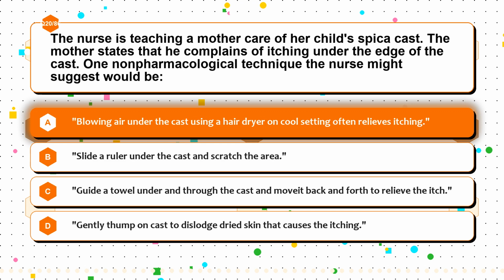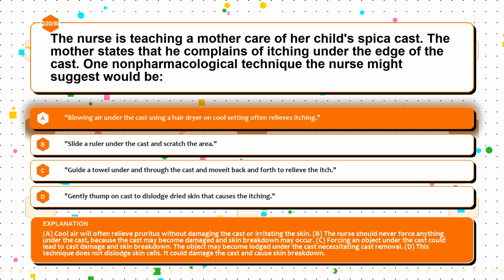The correct answer is option A. Blowing air under the cast using a hairdryer on cool setting often relieves itching. Cool air will often relieve pruritus without damaging the cast or irritating the skin. B. The nurse should never force anything under the cast because the cast may become damaged and skin breakdown may occur.